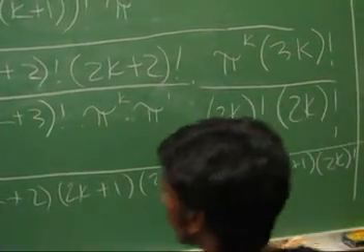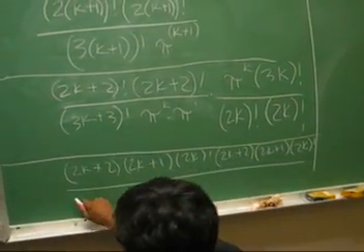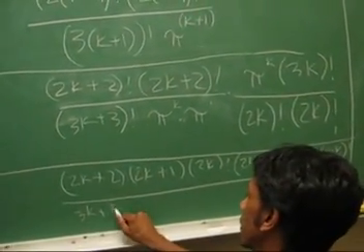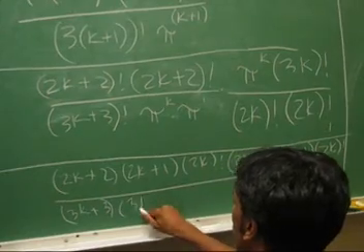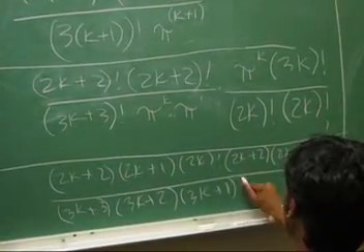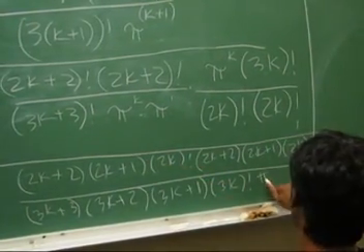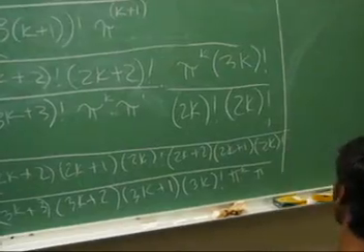Now for the denominator, we have 3 of these, so I have to write it 3 times: 3k plus 3, 3k plus 2, 3k plus 1, 3k factorial times 5 to the k times 5.